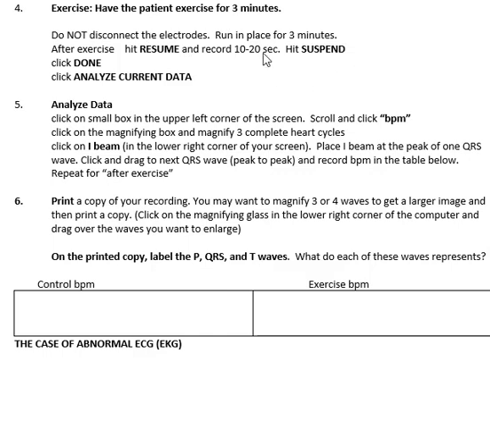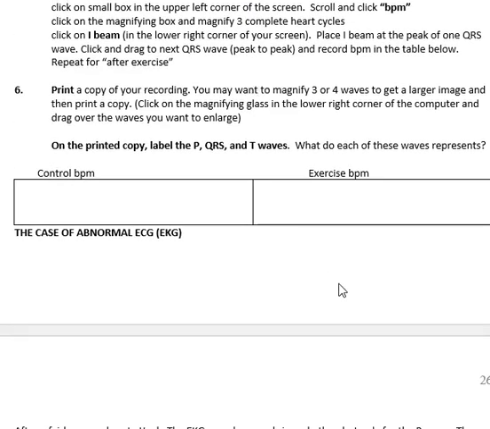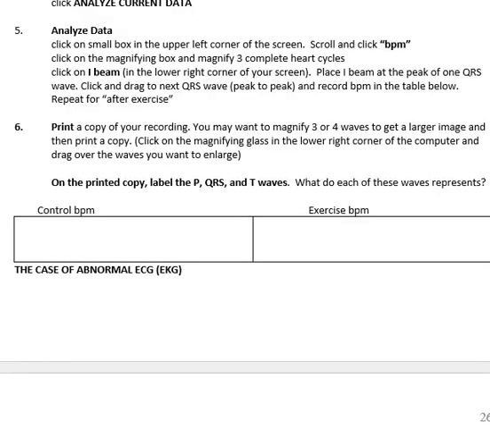You're supposed to have whoever's hooked up do some exercise. So you should still see the same PQRS, TPQRS, but you'll see more of them per minute than you would when you were resting.